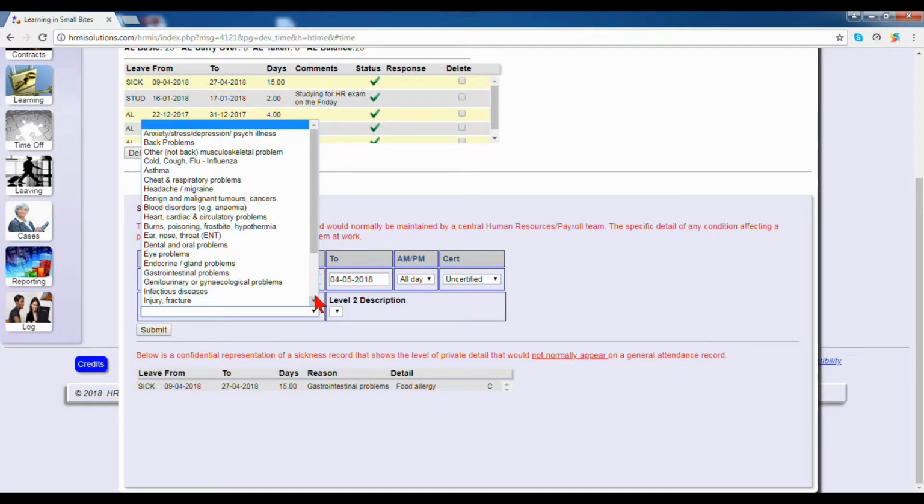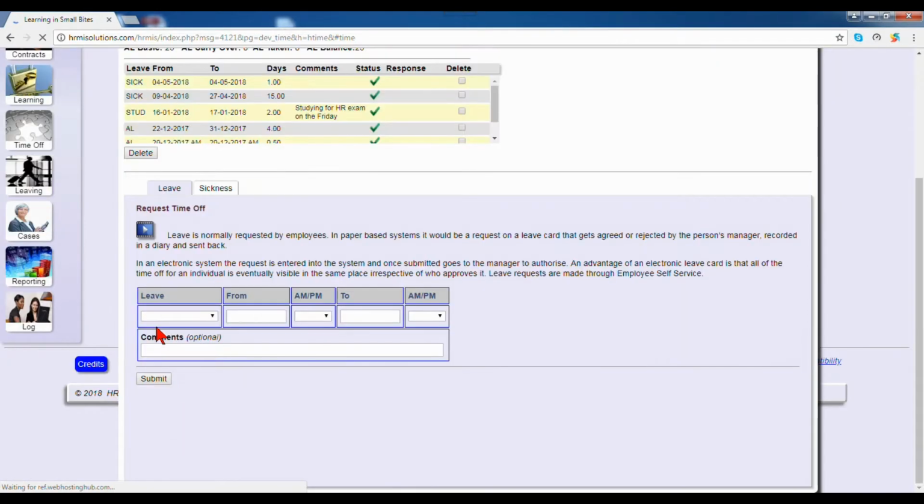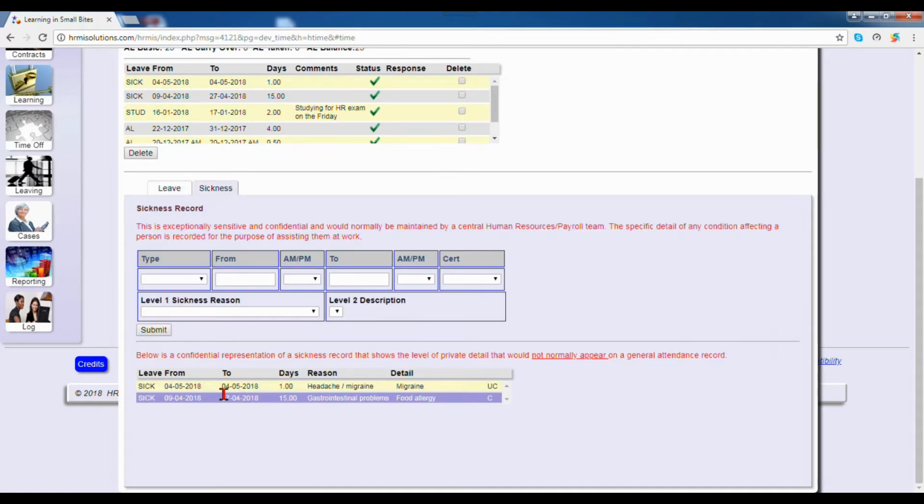The reason for sickness absence, as already discussed, it was a migraine. And click submit. And the attendance record is updated with another day of sickness.